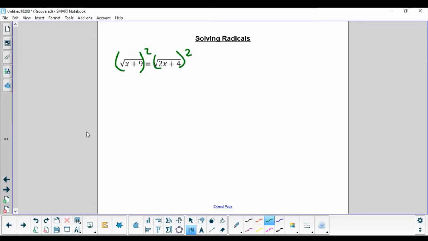So now when you square both sides, the square root and the square cancel each other out. So basically you've busted this x plus 9 out of that square root. So again, x plus 9 equals. On the other side, on the right, we squared both sides, so the square root and the square cancel each other out. That means we busted the 2x plus 4 out from underneath the square root.